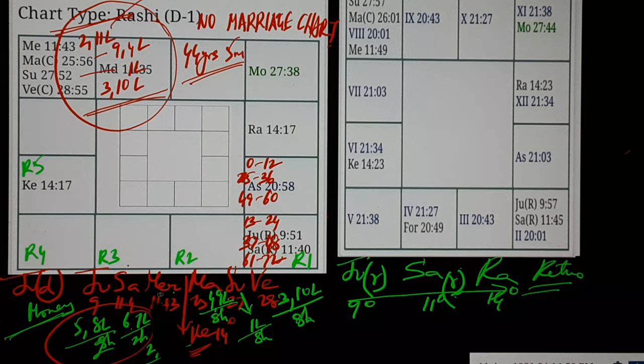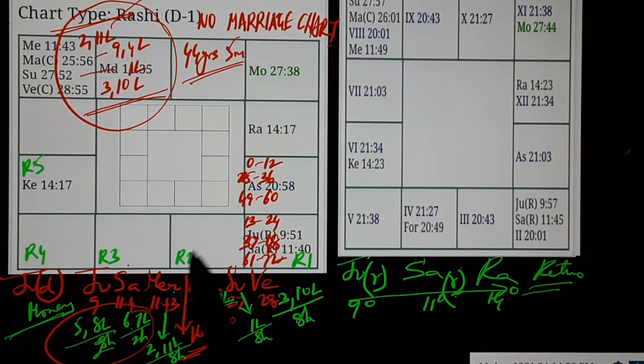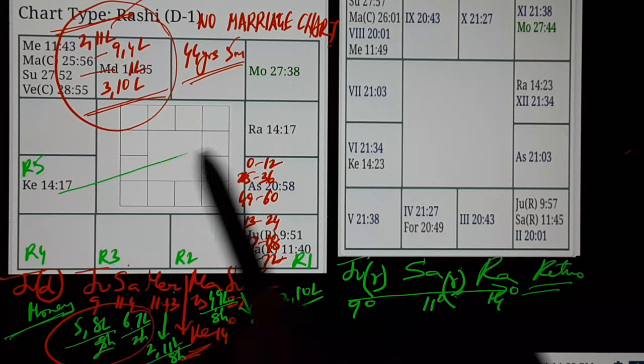And then Jupiter, Saturn and Mercury are cut off by the Rahu Ketu axis.